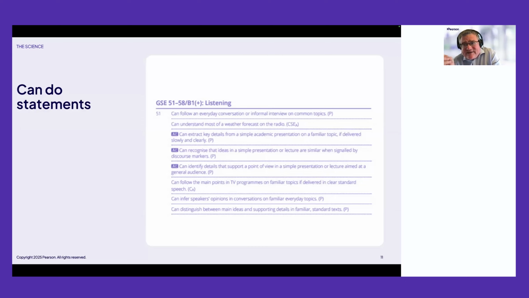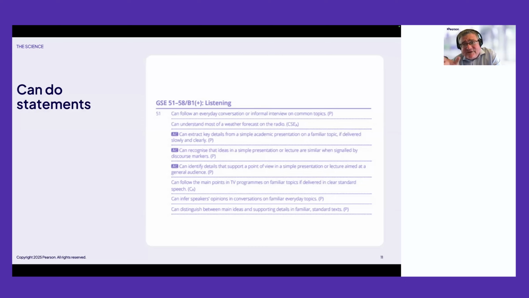So underneath these numbers, this is 51, there is a science in terms of putting these numbers on that scale. So the scale is not arbitrary. The scale is determined through, in this case, these can-do statements being rated by teachers and by other experts, and that was used to put them on this actual scale.